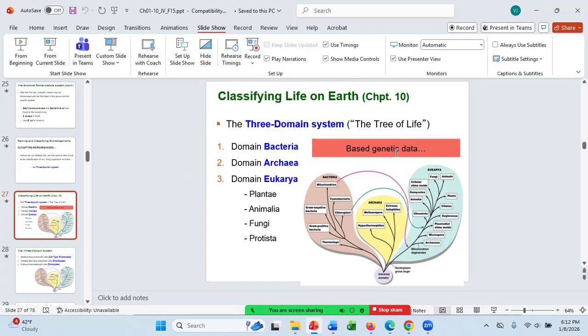So these are the organisms we're going to focus on for most of this class. But today we will talk about all three domains. Okay?